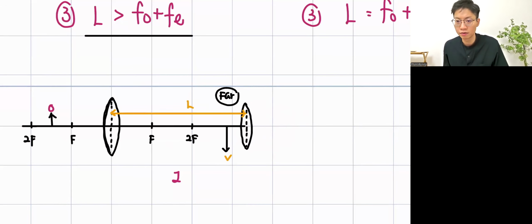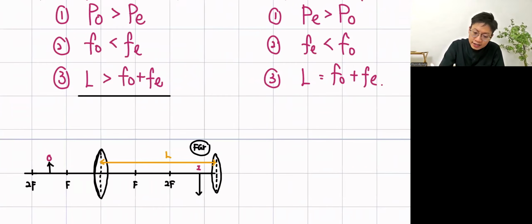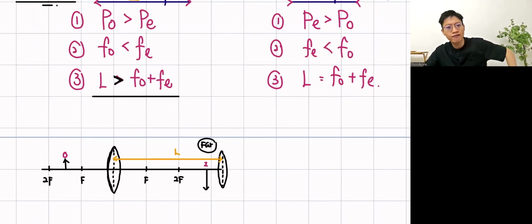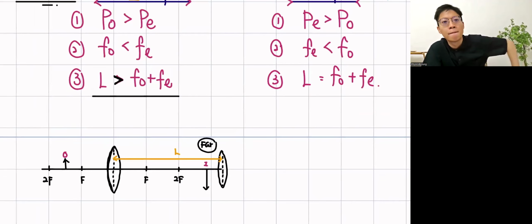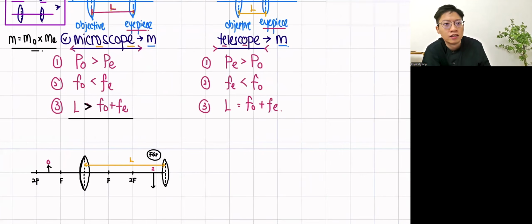Understand or not? I need to make sure that my image can form in between the two of them. That's why my lens has to be much bigger than FO plus FE. So that's why it has to be further.